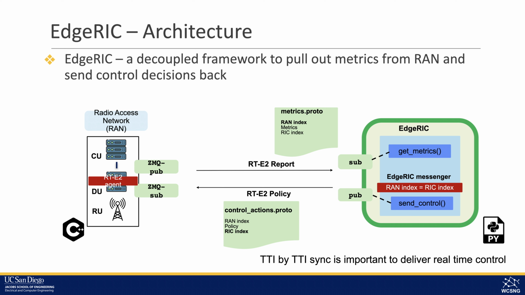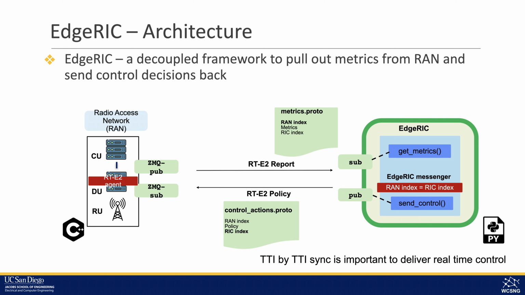In our current implementation, the message exchanges between EdgeRIC and the srsRAN occur over the ZMQ message passing library. The RTE2 agent collects all the metrics and publishes them every TTI over a ZMQ pub socket.